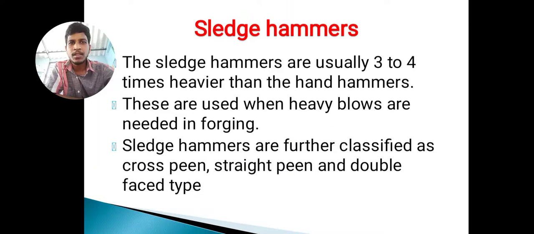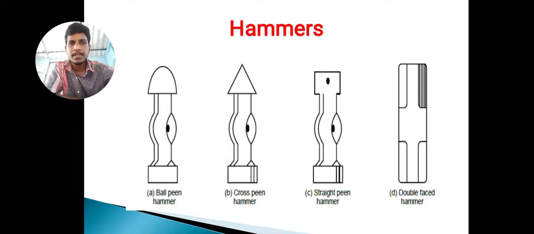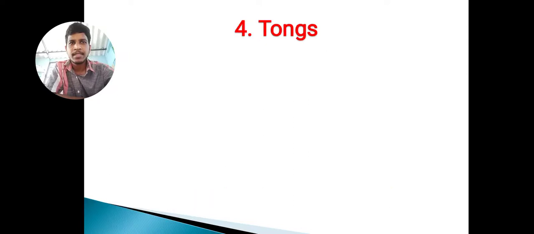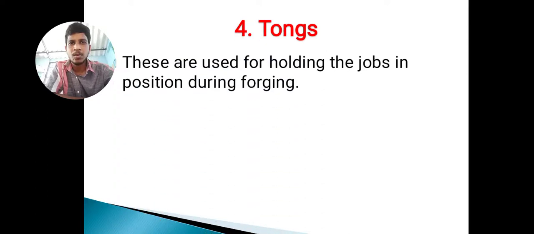Whenever heavy blows are needed, you use sledge hammers. Sledge hammers are classified into cross pin, straight pin, and double faced types. These are the figures for the normal and sledge hammers. The hand hammer is the ball pin hammer, and the sledge hammers are cross pin, straight pin, and double faced. Next, tongs. Tongs are used to hold the workpieces.